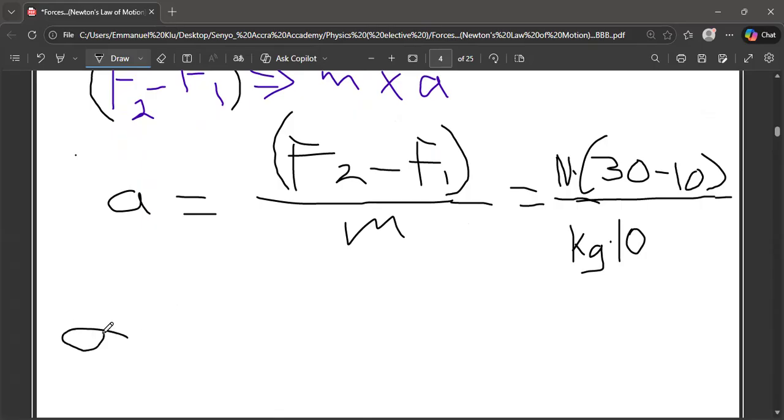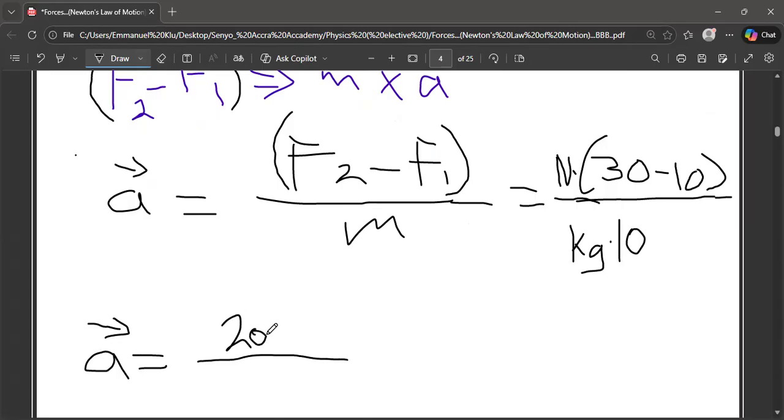At the end of the day, your acceleration, it's a vector quantity, that's why I'm putting the arrow on it, is equal to 20 Newton over 10 kg.